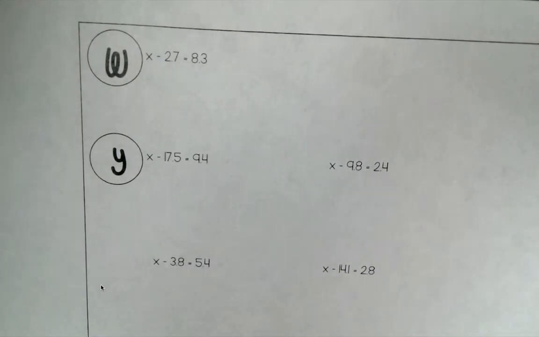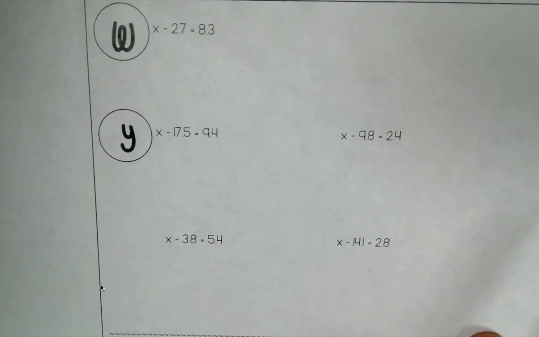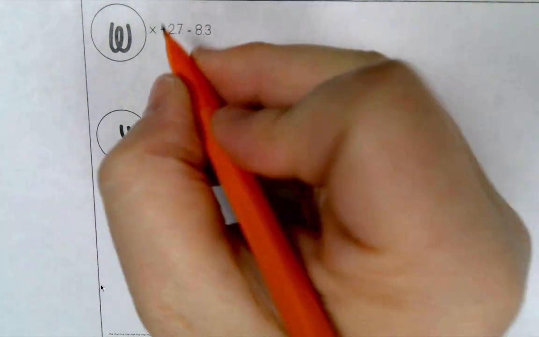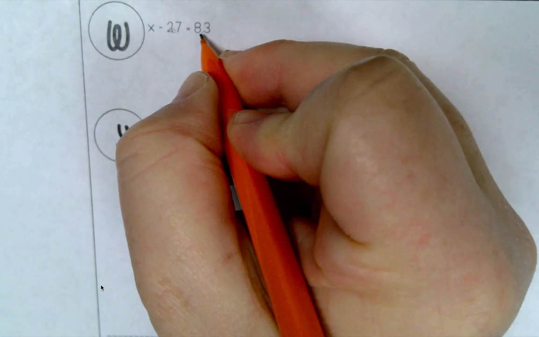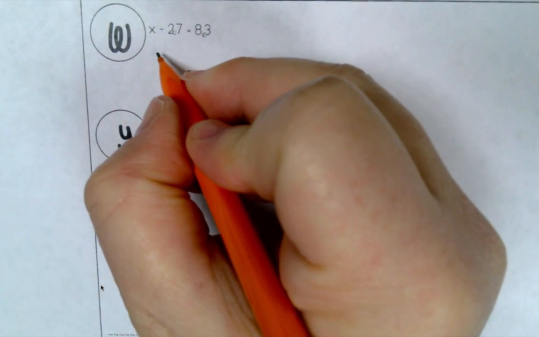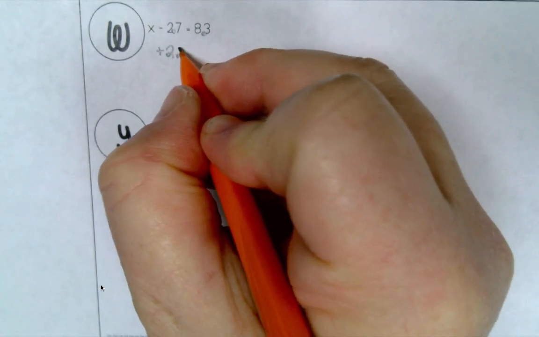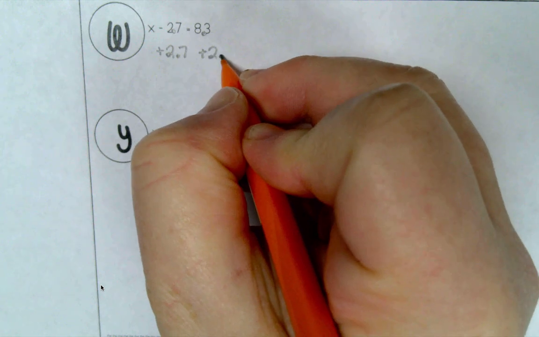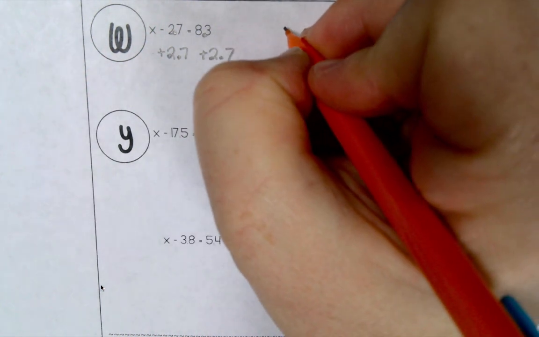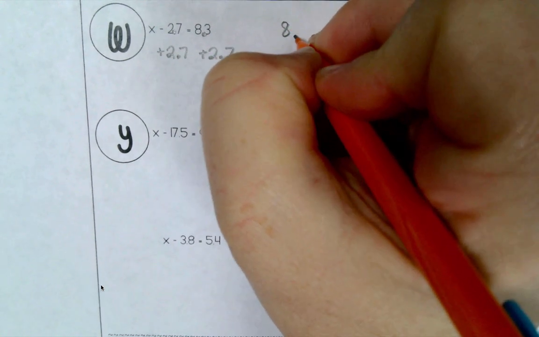So what I'm going to do, what this you do, or we do, I have x minus 2.7 equals 8.3. So the inverse of subtraction is addition, so I'm going to add 2.7 to both sides. Now remember, when we add or subtract decimals, we line up the decimal.